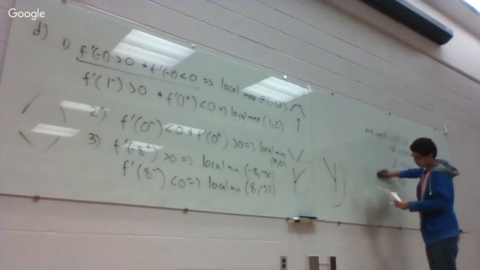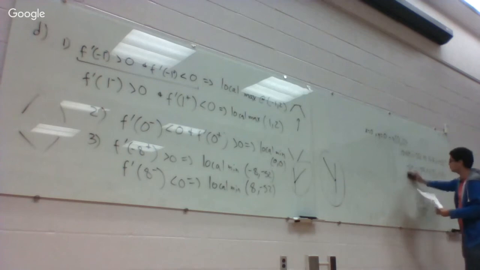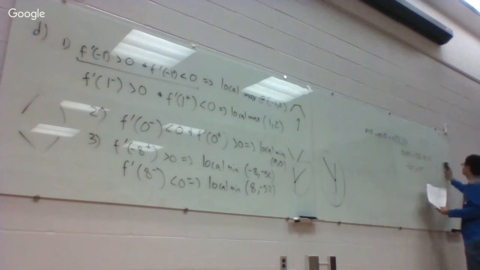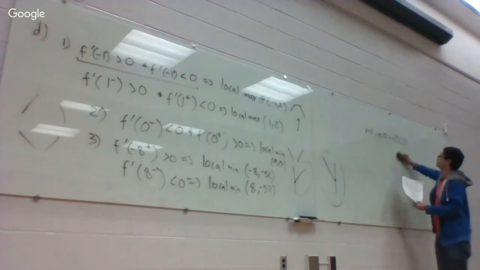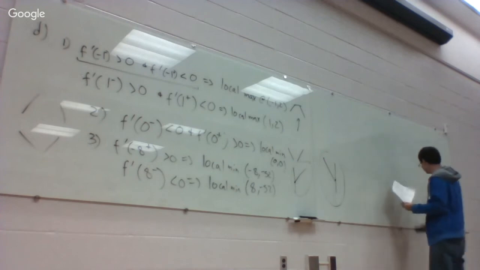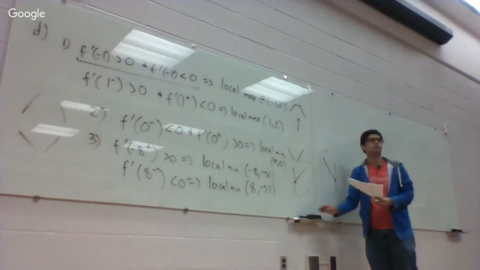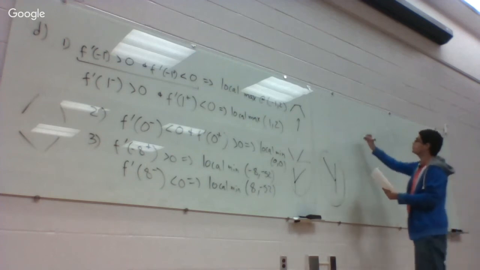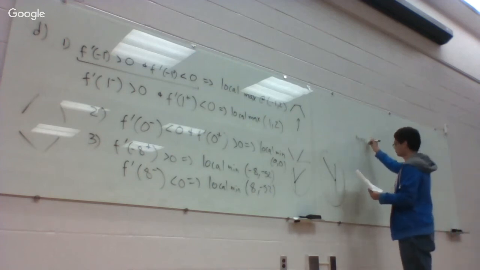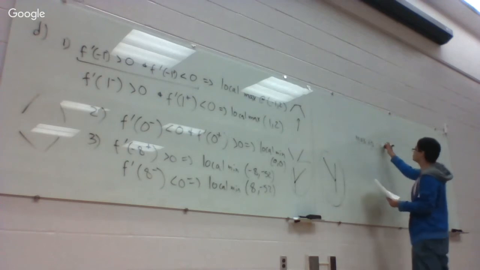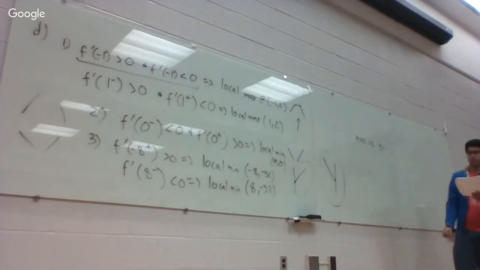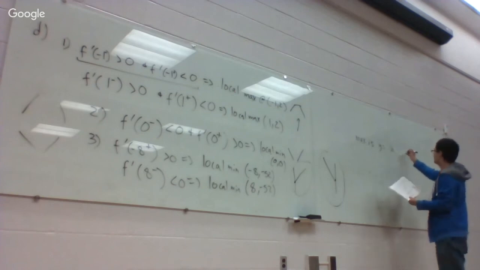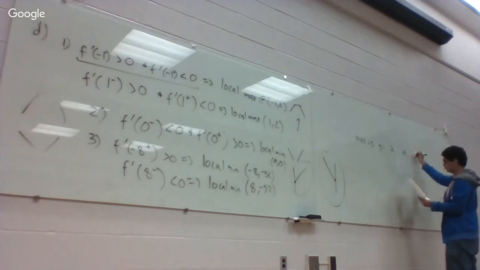So then, we do have to state what is the overall max and min. So the max is where? When y equals what? 2. At what point? Plus or minus 1, comma 2.